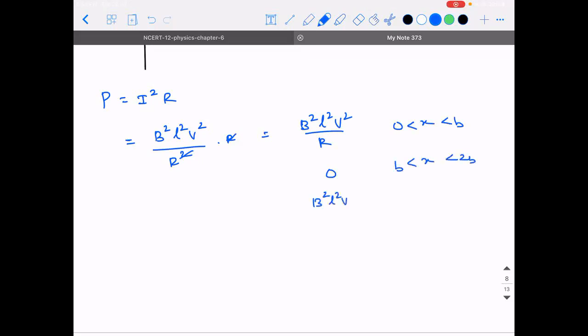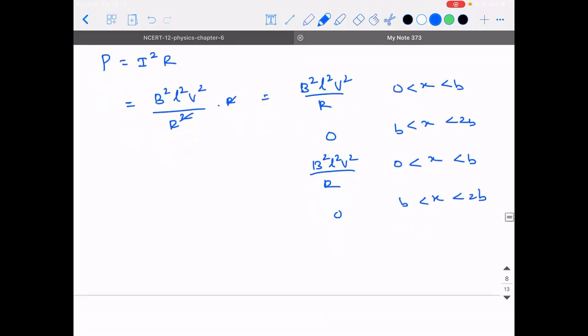Again B square L square V square divided by R for x greater than 0 and less than B, and 0 for x greater than B and less than 2B. Okay.